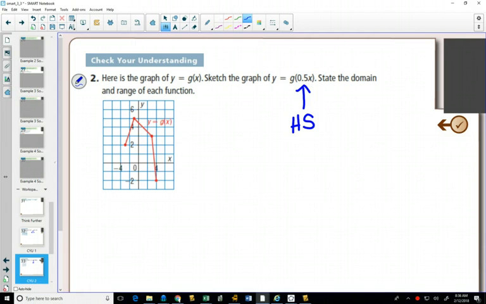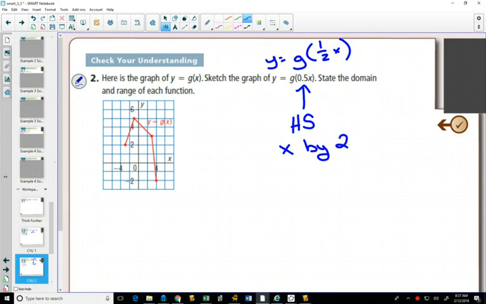Another way of thinking about 0.5 is g of a half of x. Everything inside the function for stretches and compressions, you multiply by the reciprocal. So the half inside says you're going to take your x values and multiply by 2/1, or just 2.